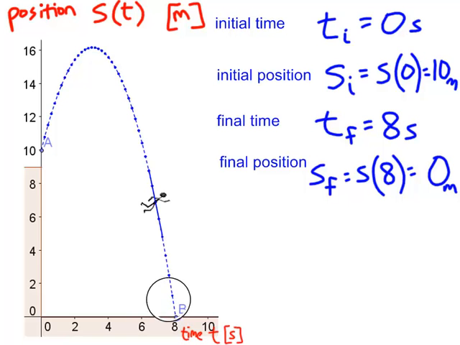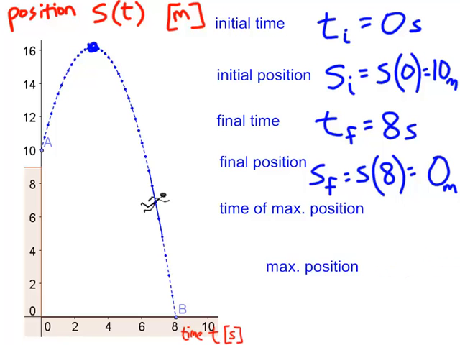What else might we be interested in? Well, I don't think it's asked in this exercise, but we may be interested at some point in the maximum position up here. So what might we say about the time of his maximum position and the maximum position itself? According to this picture, it looks to be about 3-ish. And again, that's the time.